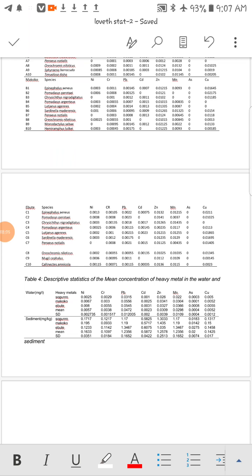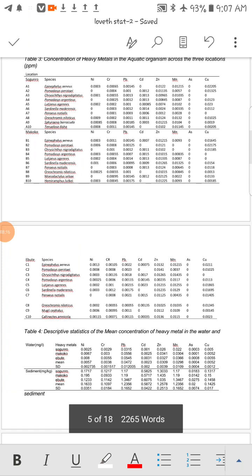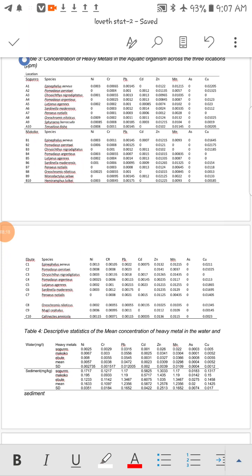To calculate the amount the fish has taken from water and the amount the fish has taken from the sediment, we need to divide by the matrix. We need to divide the amounts accumulated in the organisms by the matrix.